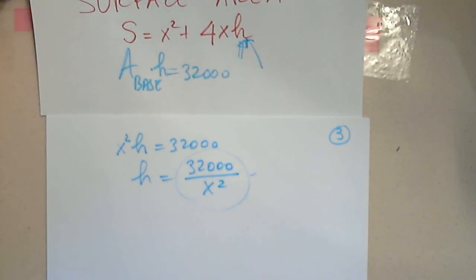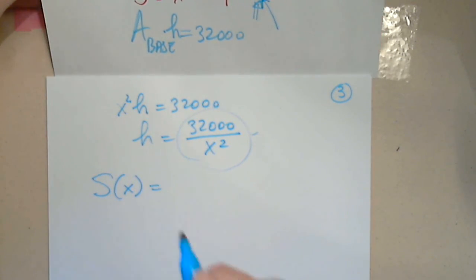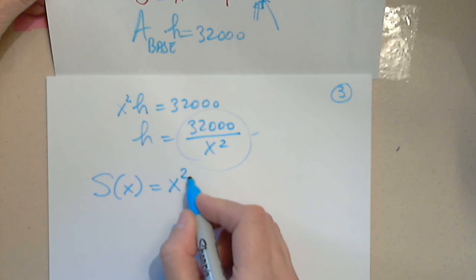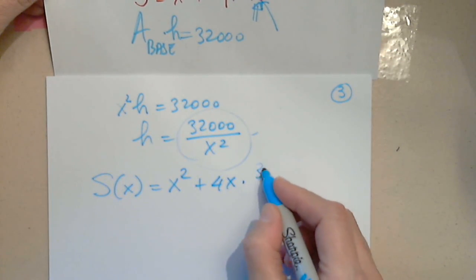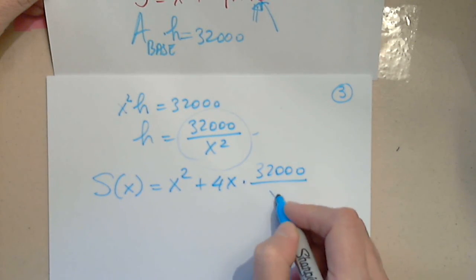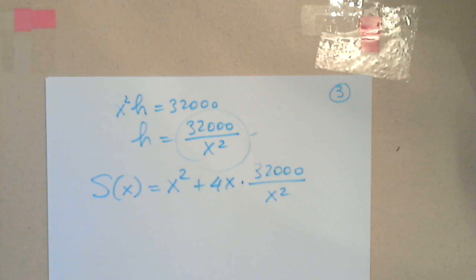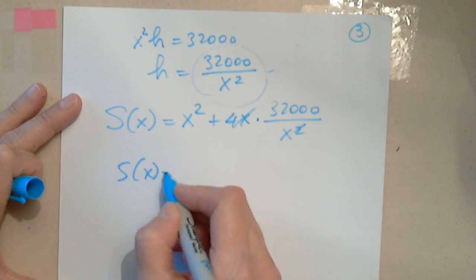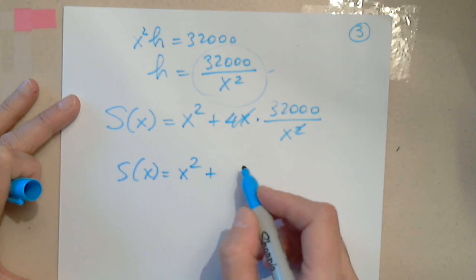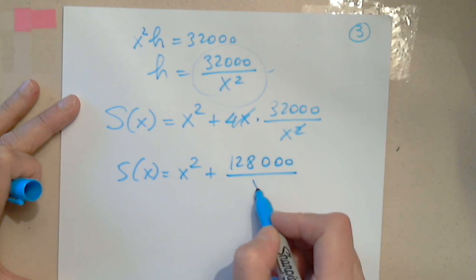And now I can say with confidence that S is indeed a function of x only. x squared plus 4x multiplied by the height, which is 32,000 divided by x squared. I simplify, and fully simplified this function is x squared plus 128,000 divided by x.